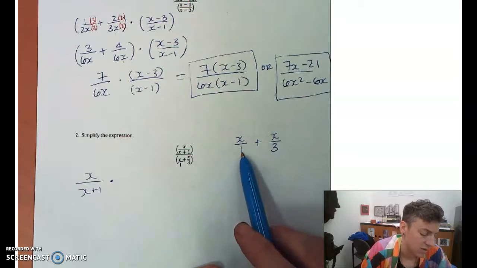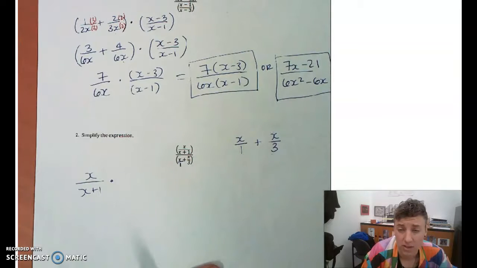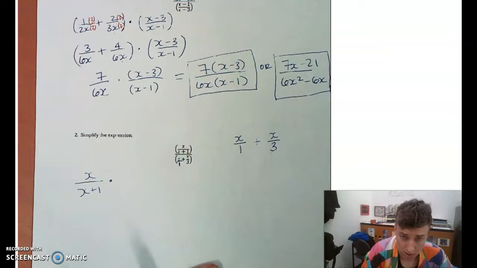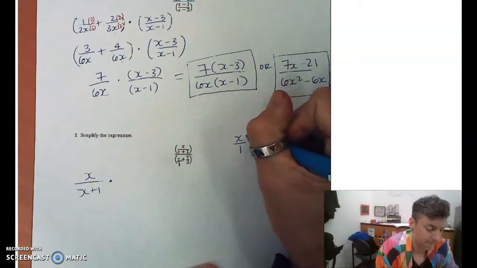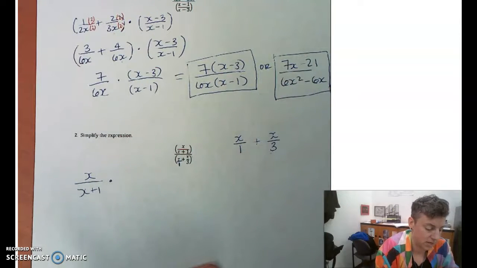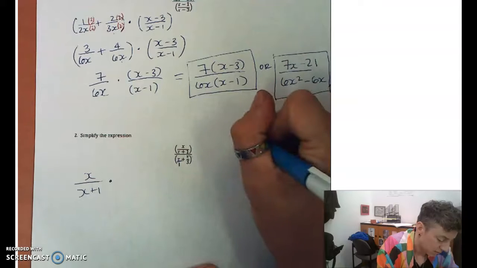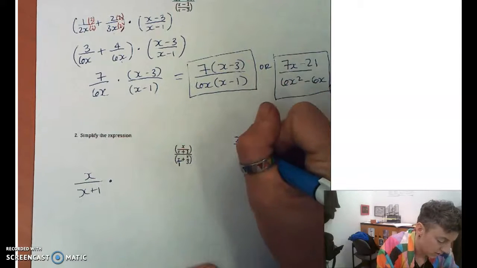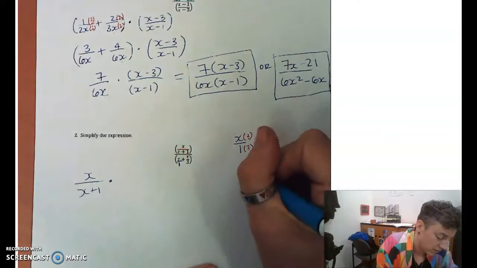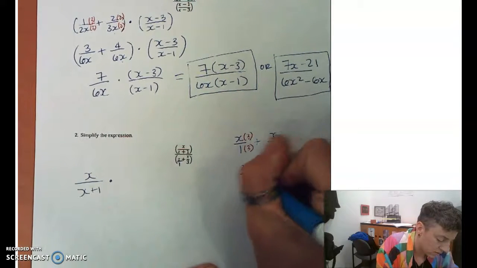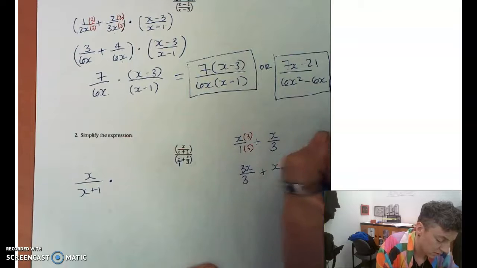This denominator is 1, this denominator is a 3, so the least common denominator is 3. So we're going to multiply the left fraction by 3 and get 3x over 3 plus x over 3.